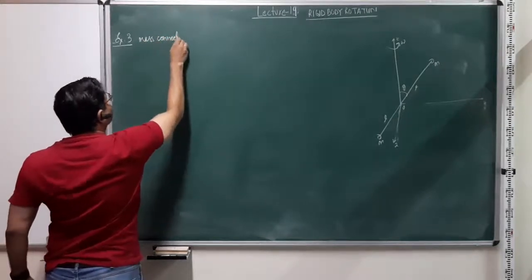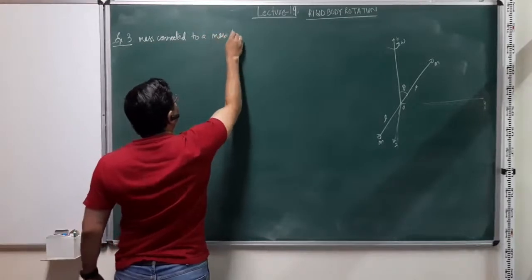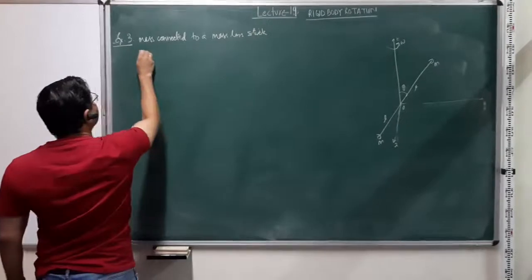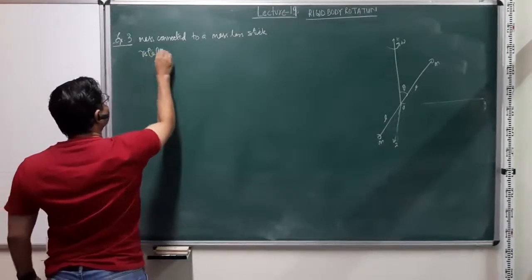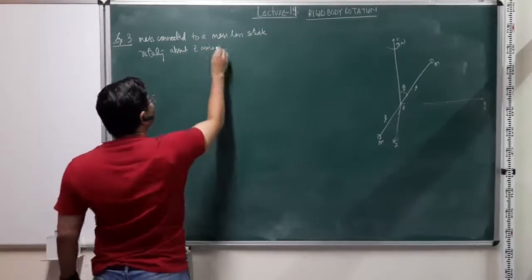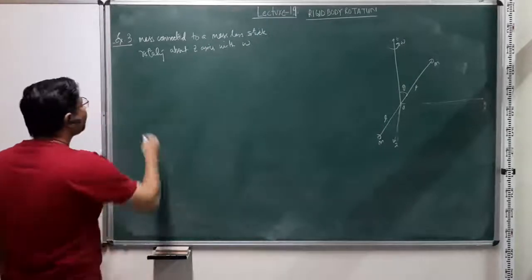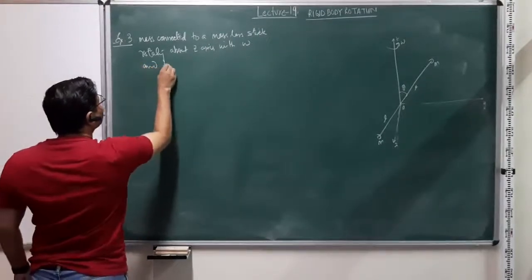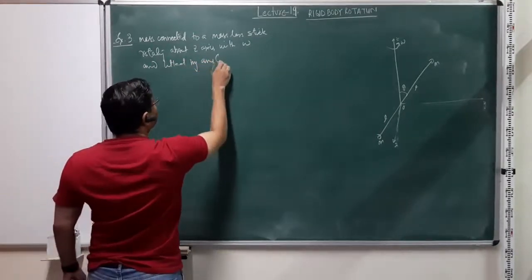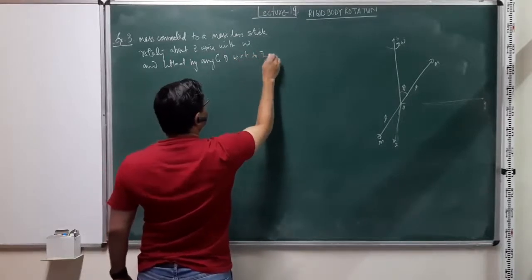Masses connected to a massless stick, rotating about the z-axis with angular velocity omega, right, and tilted by angle theta with respect to, let's say, the z-axis in this case, right?